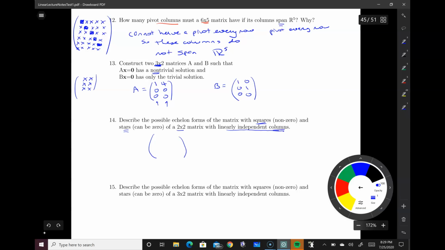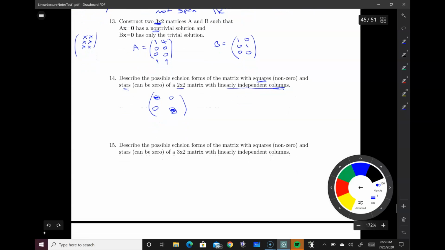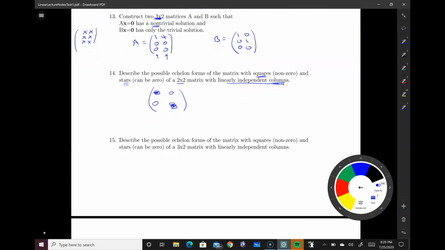Since I have to have a pivot in every column, I think there is only one solution. If I remember, above pivots I have zeros, below pivots I have zeros. So that's the one echelon form of the matrix with independent columns.